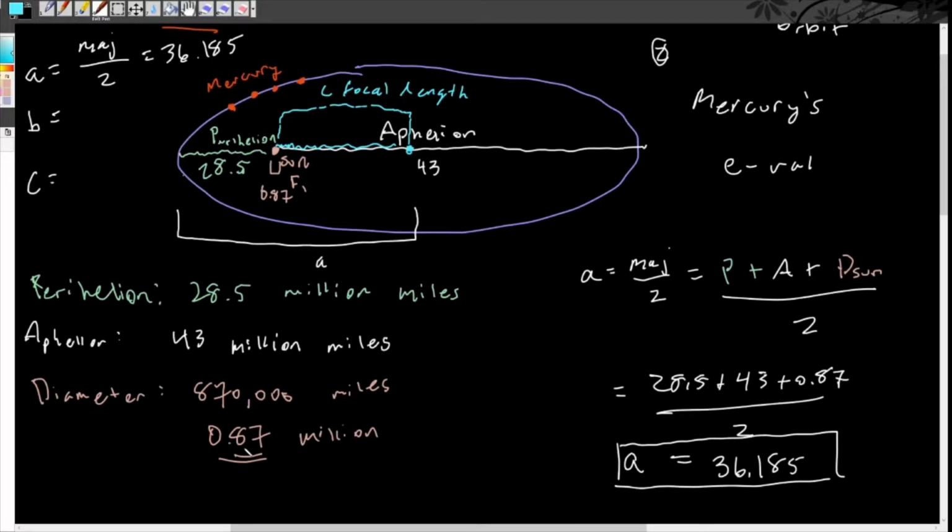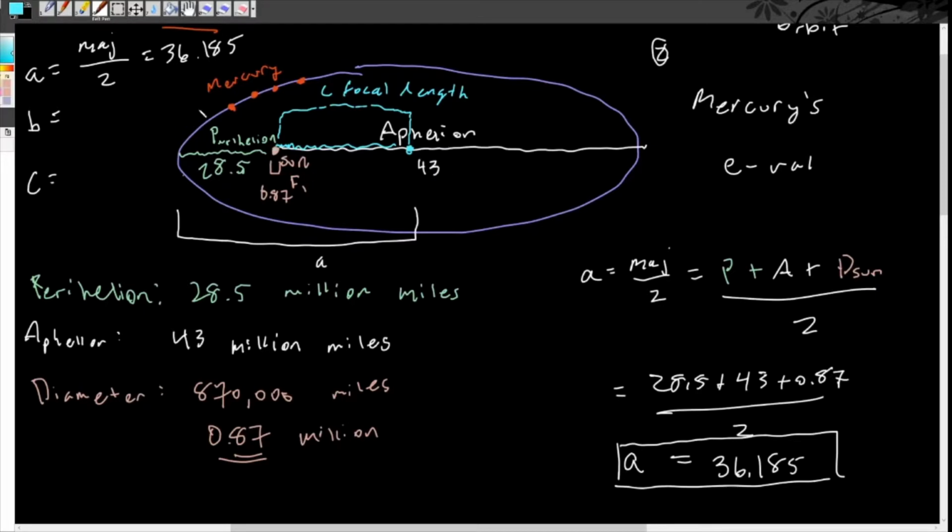Is that good? Okay, so what did you do again? So you did A subtracted by 28.5. Yeah. So we're going to go A units out, 28.5 in, half of the sun in, and then we're at our focus. Does that make sense? And are you subtracting all that? Yeah. Mm-hmm. Okay.